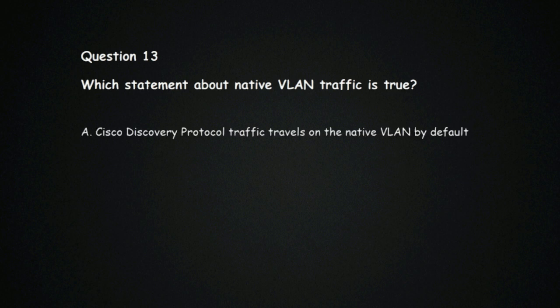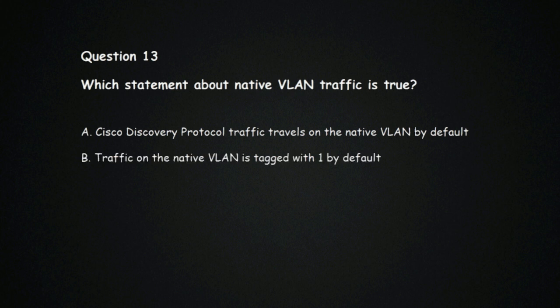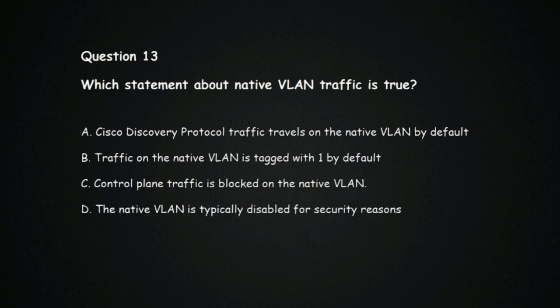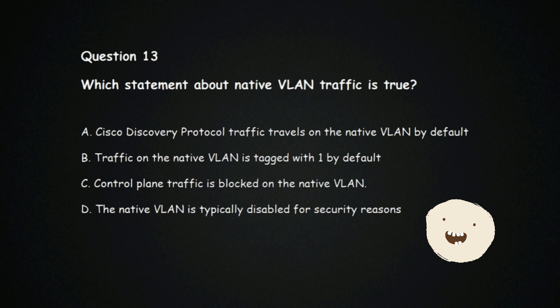A. Cisco Discovery Protocol traffic travels on the native VLAN by default. B. Traffic on the native VLAN is tagged with 1 by default. C. Control plane traffic is blocked on the native VLAN. D. The native VLAN is typically disabled for security reasons. Answer is A.